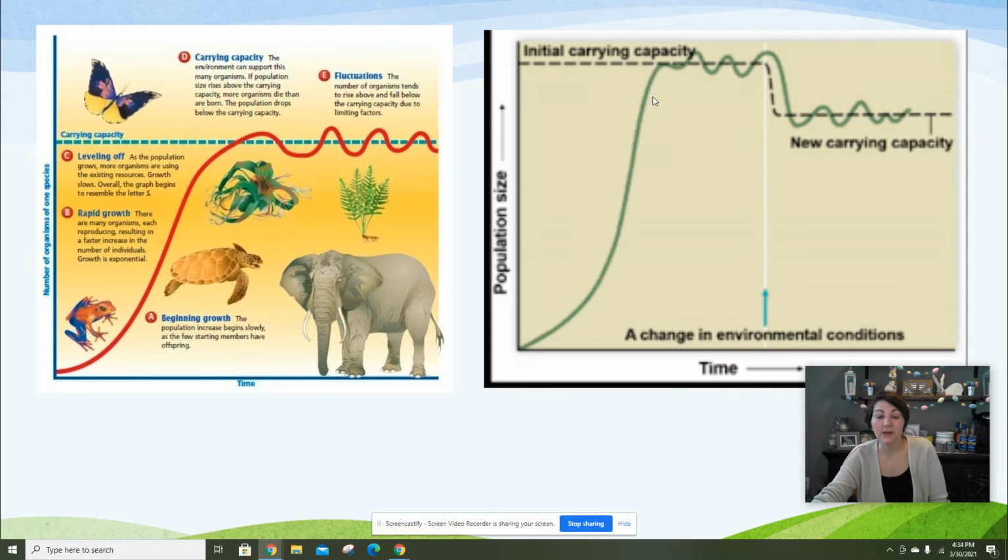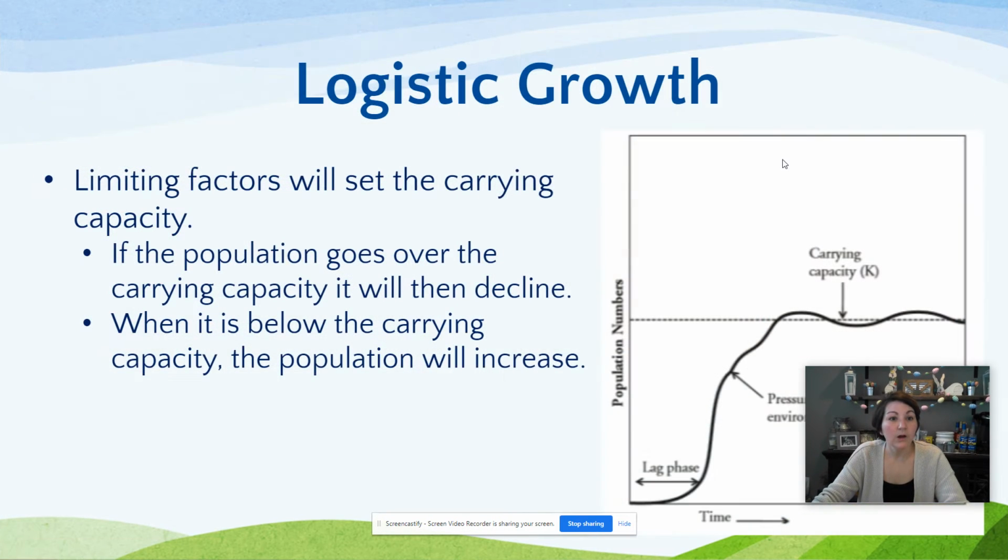So you can see in the second graph that the carrying capacity was pretty high, and then something caused it to drop to be lower. So maybe a change in the environment caused it to be a lot lower. All right, so again, logistic growth is when you have limiting factors that slow the growth and set your carrying capacity.